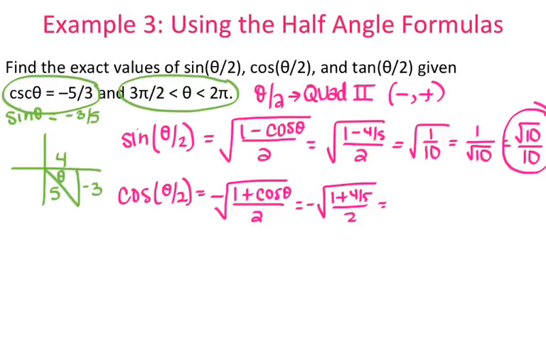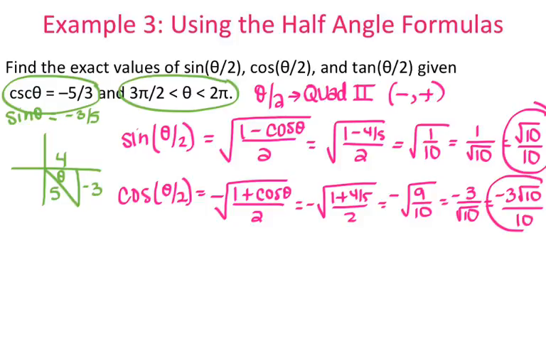So 1 plus 4/5 is 1.8, divided by 2 is 0.9. Fraction is negative square root of 9/10, which is negative 3 over root 10, which we need to change to negative 3 root 10 over 10. So there is cosine of theta over 2.